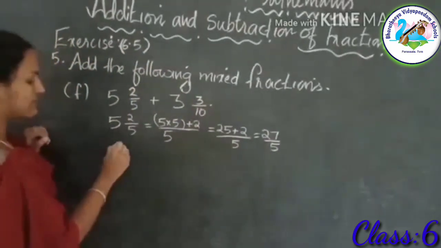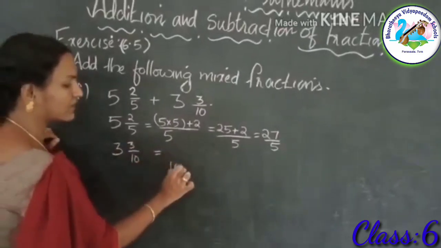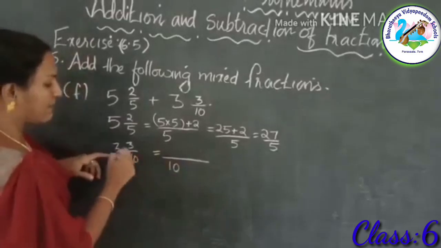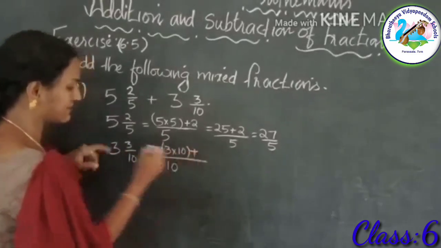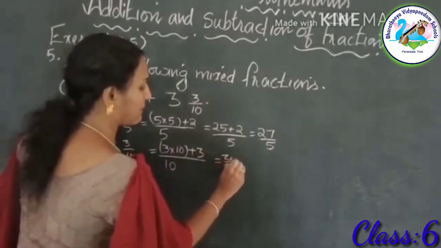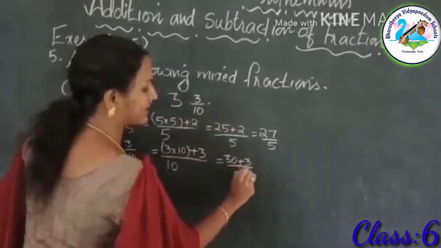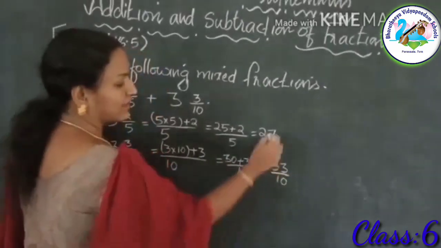The next mixed fraction 3 3 by 10 is equal to, here the denominator is 10, multiplying 3 and 10, 3 into 10 plus 3 is equal to 30 plus 3 by 10 is equal to 33 by 10.